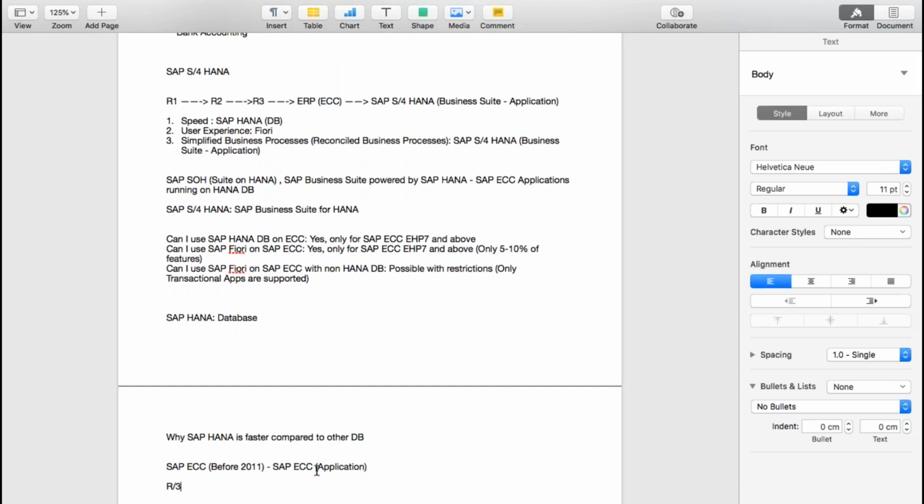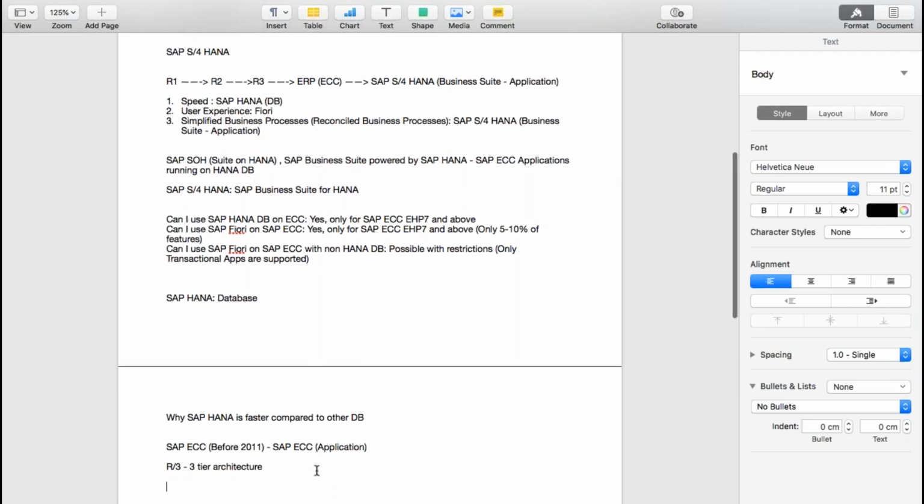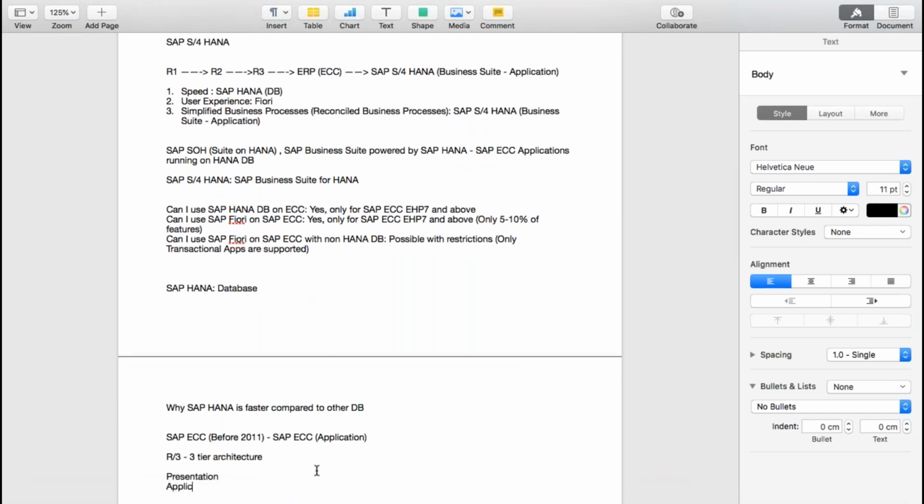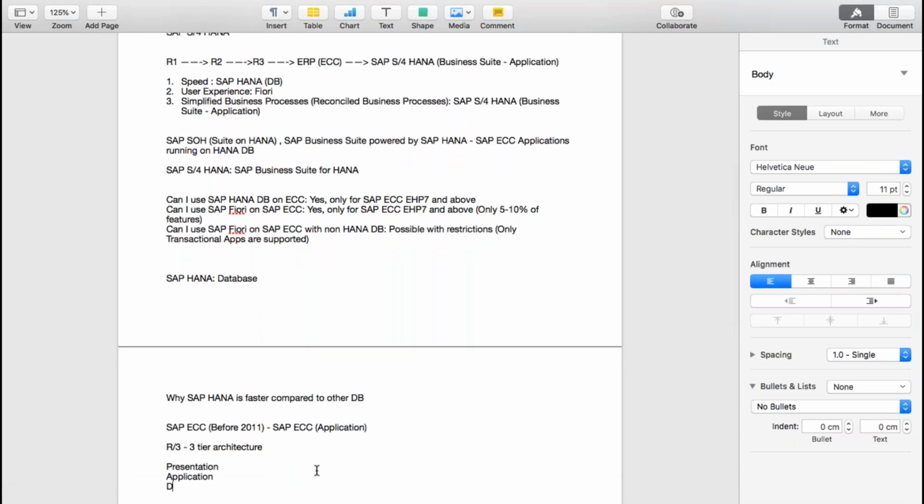When we say SAP R3 system, it consists of three-tier architecture. Any idea what is this three-tier architecture? Which are the three systems? Presentation, application, and database. Right. So R3 stands for three-tier architecture. Three-tier architecture means presentation, application, and database. These are the three layers.